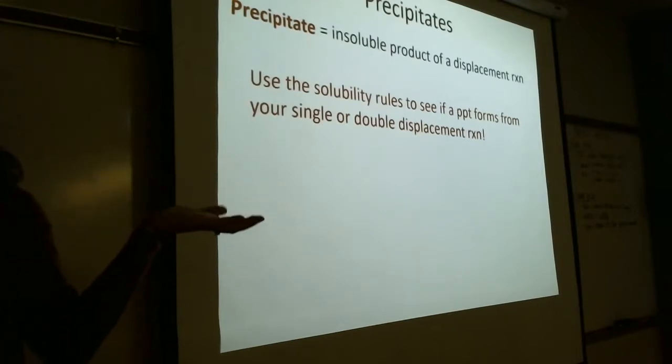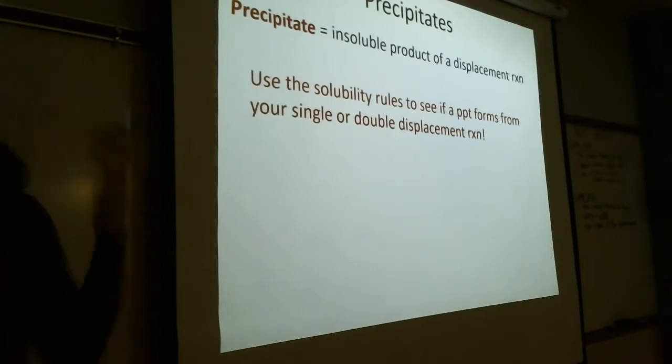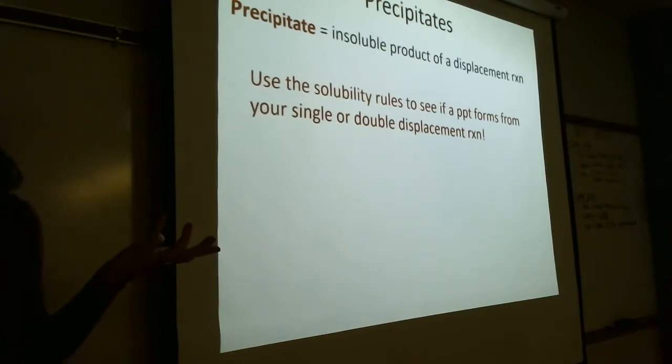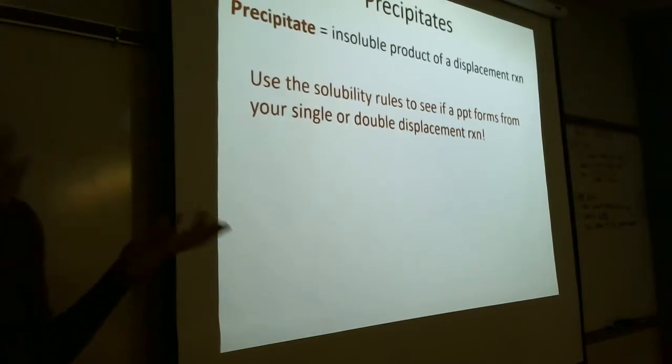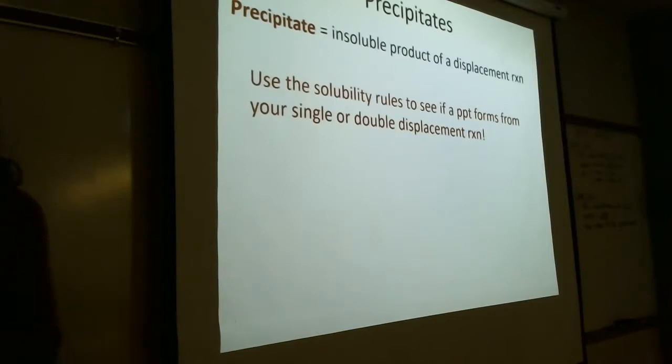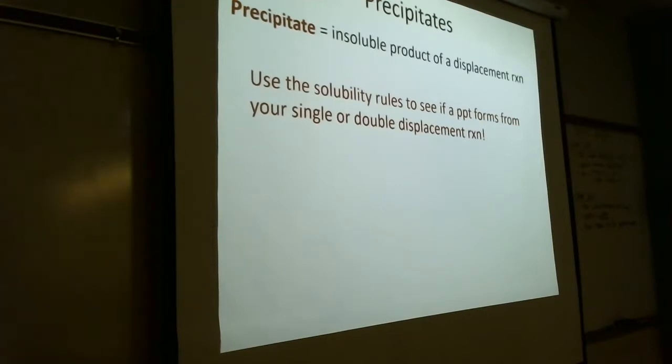That's solution number 2. We're mixing them together, so that will be a double displacement reaction. And then we're either going to get no product, in other words, they'll just mix and there will be no reaction, or we'll get a precipitate, which will be an insoluble product. So that's what we're going to be looking at here, and we're going to be doing some stoichiometry.